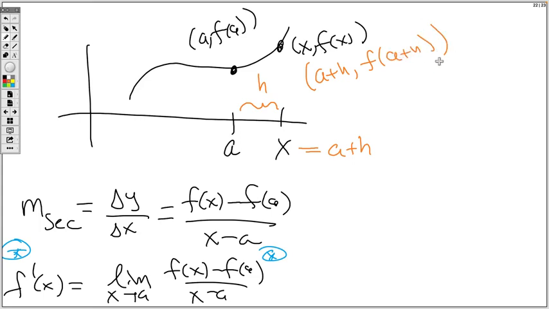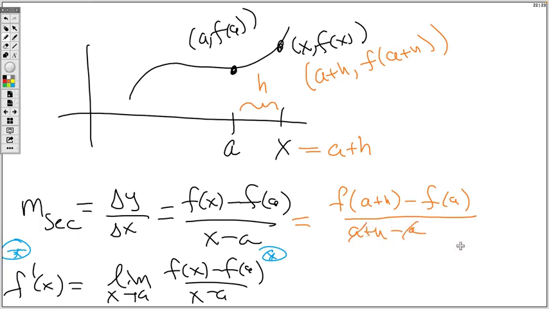You follow? So another way to rewrite this slope is it would be f of a plus h minus f of a over, and then what would happen? I'd have a plus h minus a. What would happen to those a's? They would cancel out. You follow?